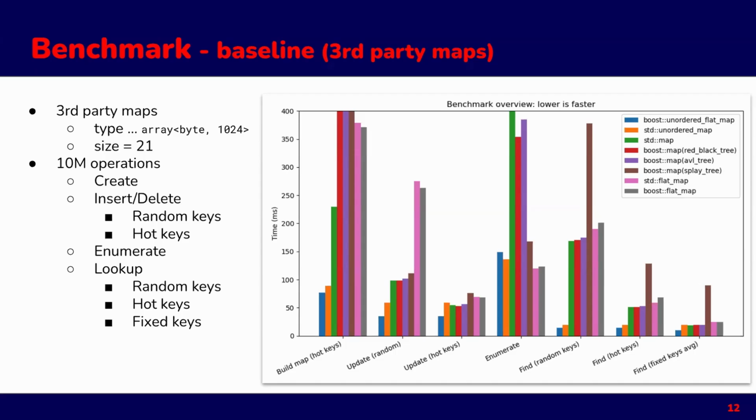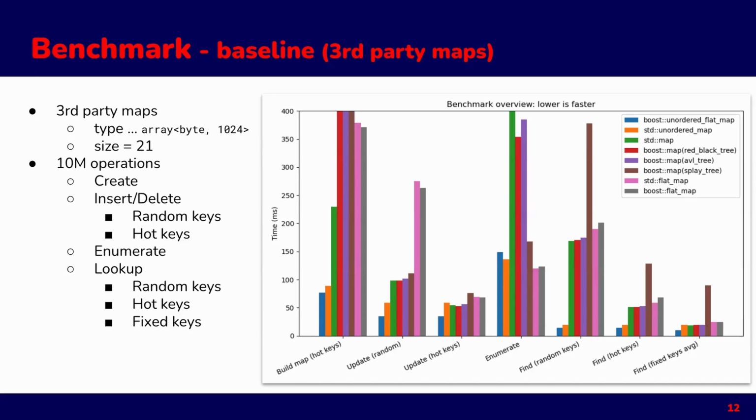And then I'm using tree-based structures like STD map, which is typically implemented as a red-black tree, and Boost map, which can be parameterized. So I used a red-black tree structure, an AVL tree and a splay tree. And then I'm testing flat maps, STD flat map and Boost flat map. The difference between those two is that STD flat map has two vectors. It keeps keys separately from values, while the Boost flat map has a single vector of pairs.